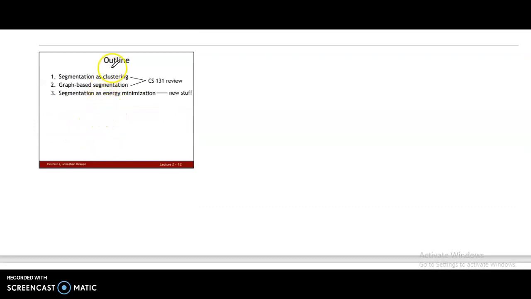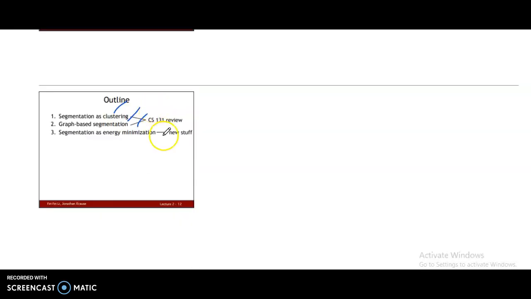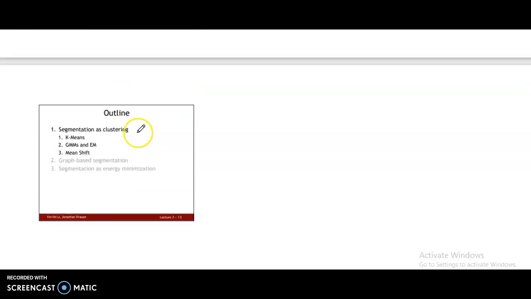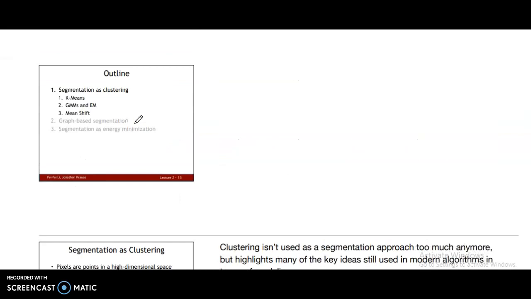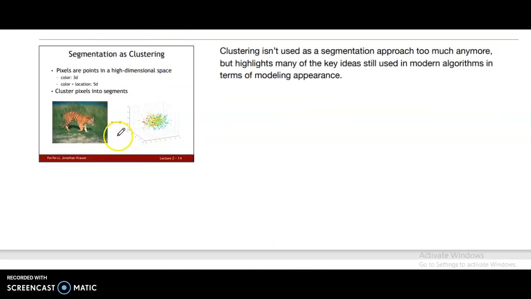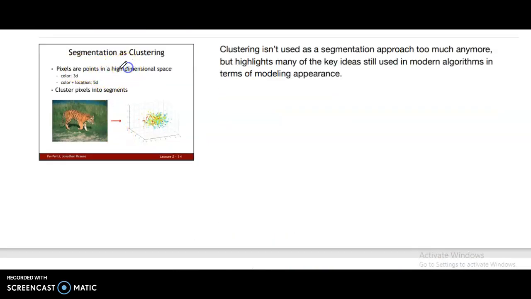Outline: segmentation, clustering, graph-based segmentation, segmentation as energy minimization. This one is the new stuff. Segmentation as clustering: K-means, GMMs and EM.